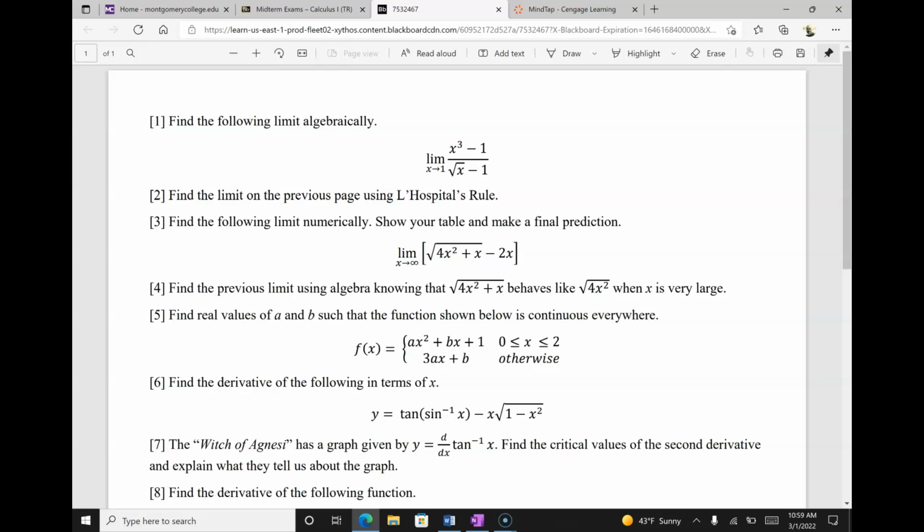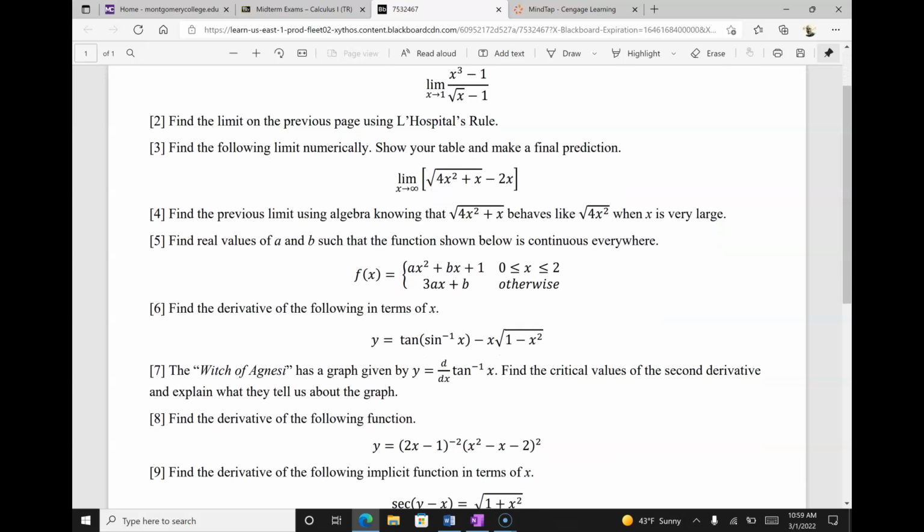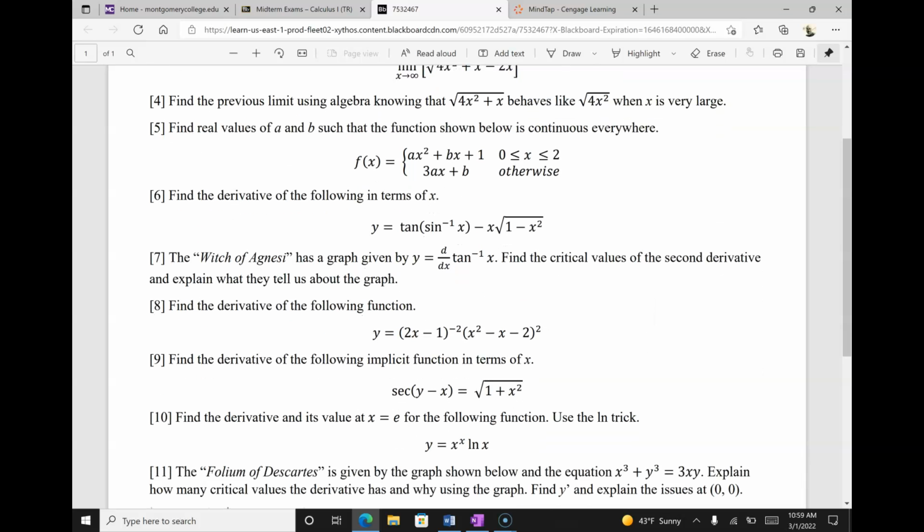5 is a nice one for continuity. 6 is our inverse trigs. So I certainly could do that one. 7 is an inverse trig, but you're doing a second derivative and finding critical values, so that's an easy one. 8 is a product rule, right? 9 is an implicit. 10 is an ln trick, so we're not doing 10.